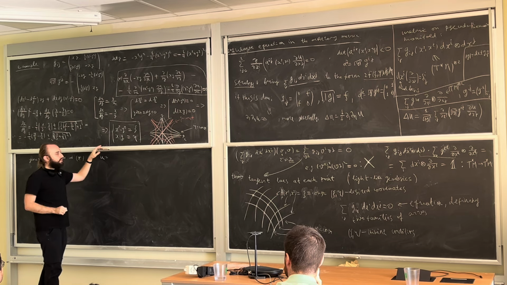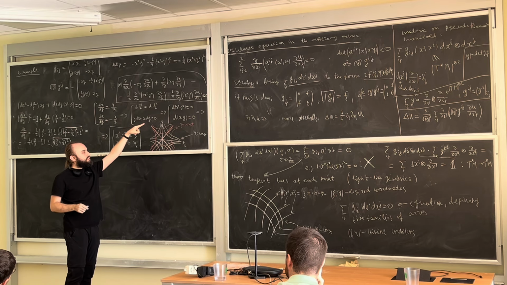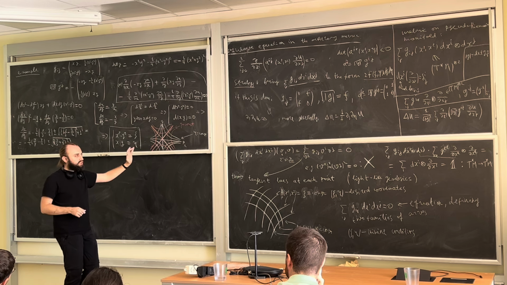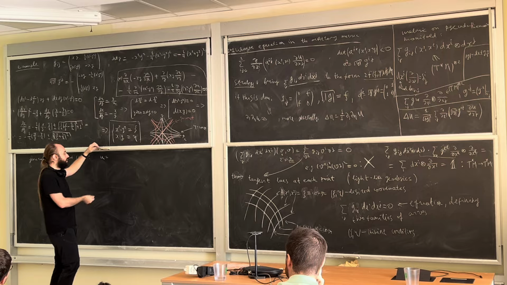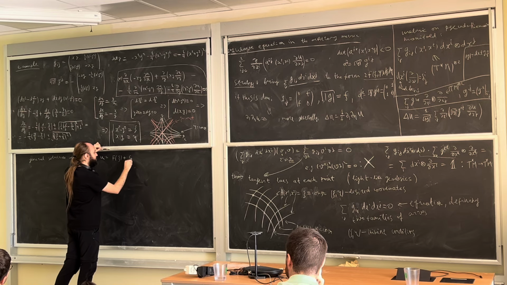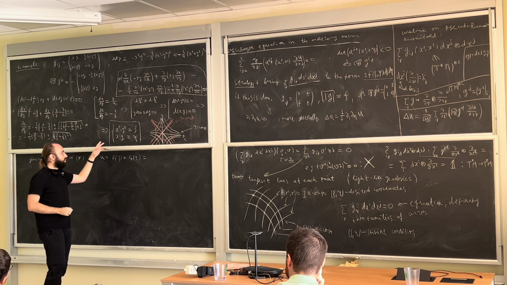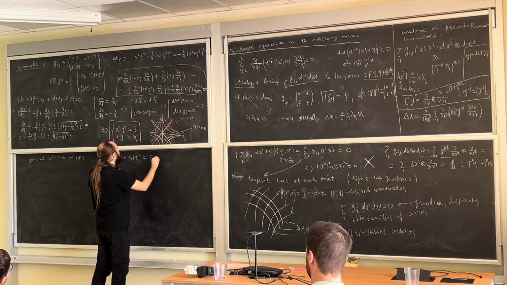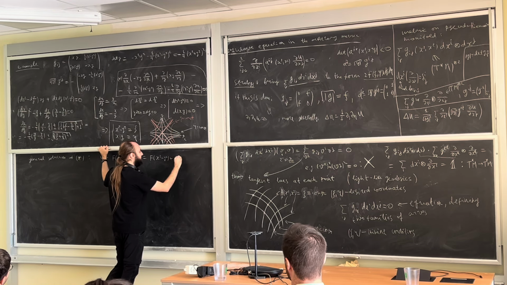In a sense, we know that this change of coordinates should bring our wave equation to the form some function times d xi d eta of u equals 0. So d xi d eta of u equals 0, so u is f of xi plus g of eta. But if you write it in terms of original coordinates, then it will be f of x squared minus y squared plus g of xy.